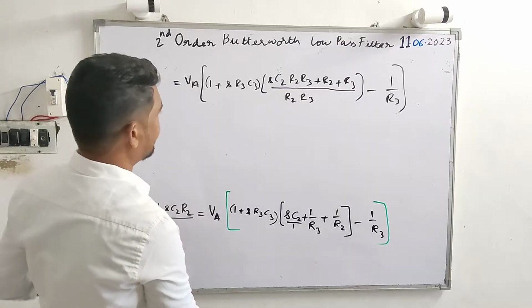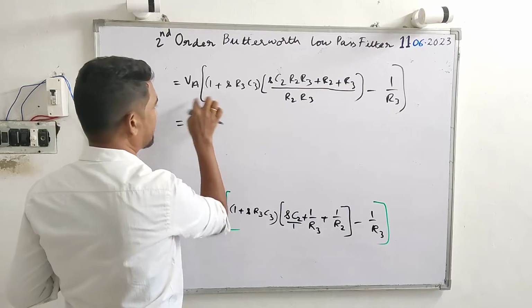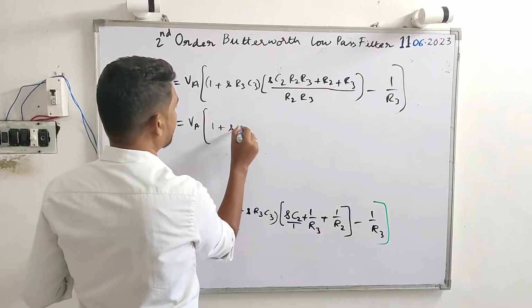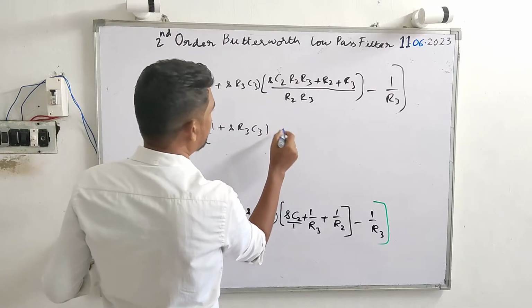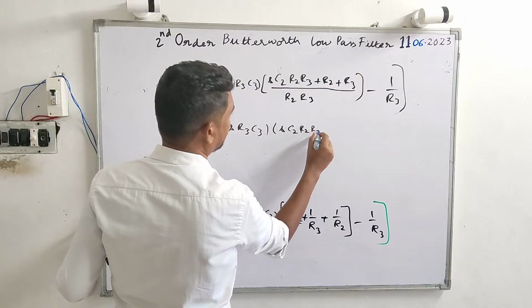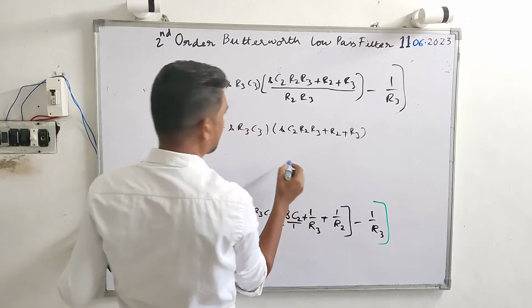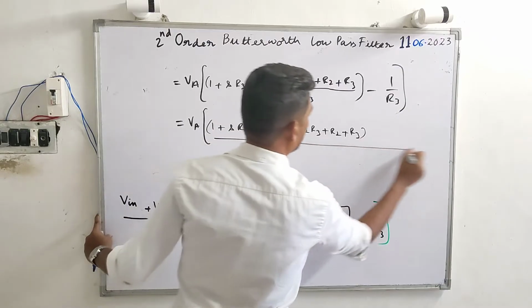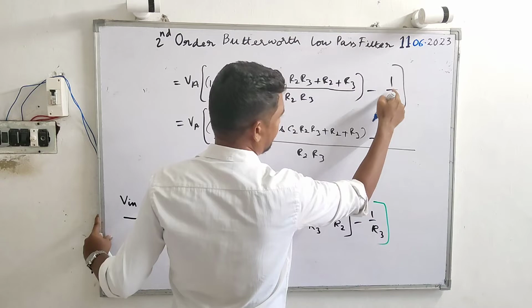And another simplification is that VA is still as it is, this braces 1 plus S R3 C3 also into S C2 R2 R3 plus R2 plus R3, bracket close, upon R2 R3 minus this.